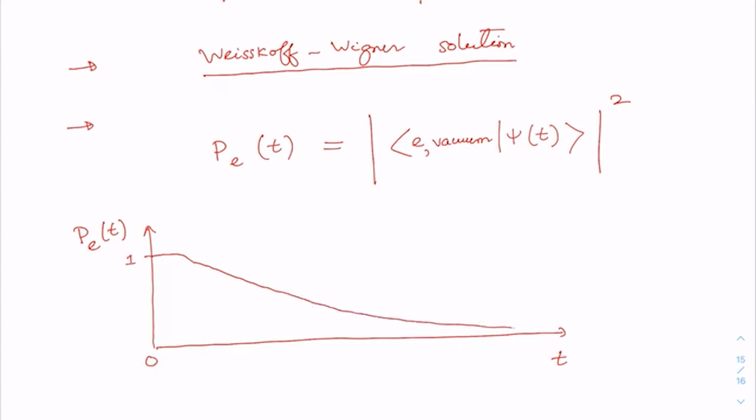Initially it will go like this, and then it will fall exponentially like this, and at very large time, this would not be exponential, rather it will follow a power law kind of behavior, say t to the power minus beta, where beta is a constant.